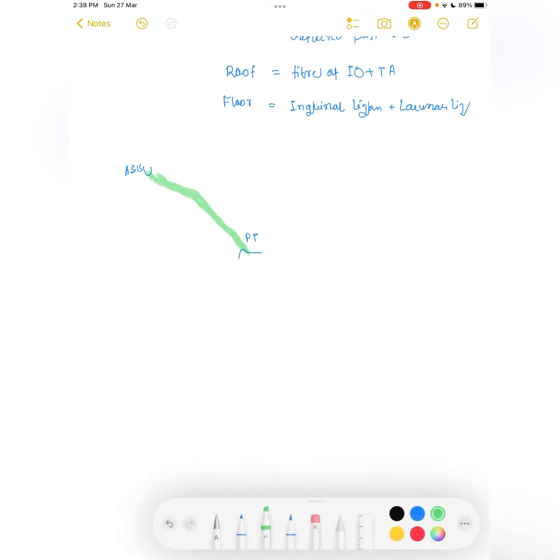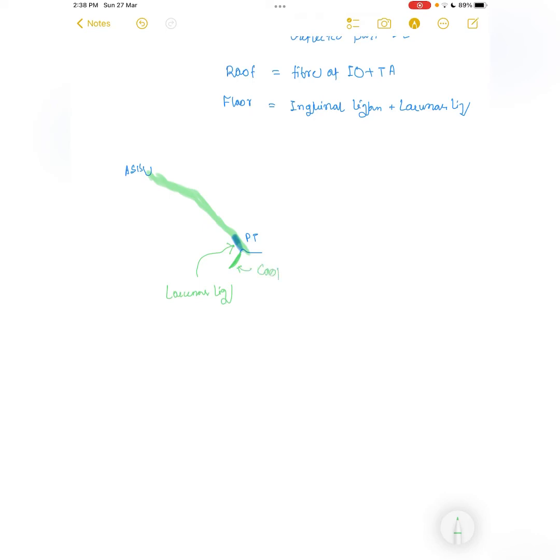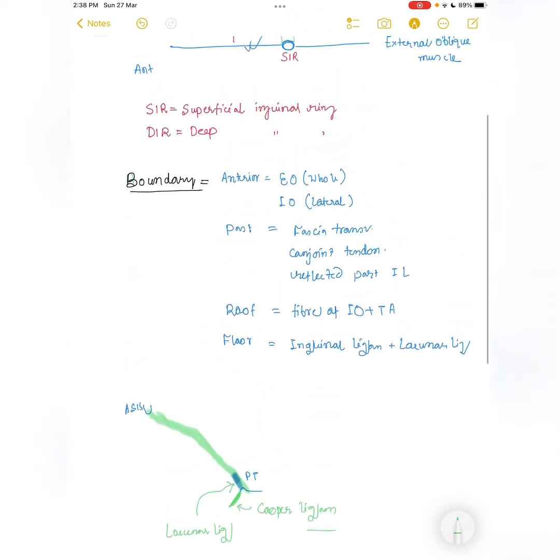But in this inguinal ligament you have to know there is this portion, which is the lacunar ligament, and then it forms the Cooper ligament here. So this is about the inguinal ligament, and this is the whole of the inguinal canal boundaries.